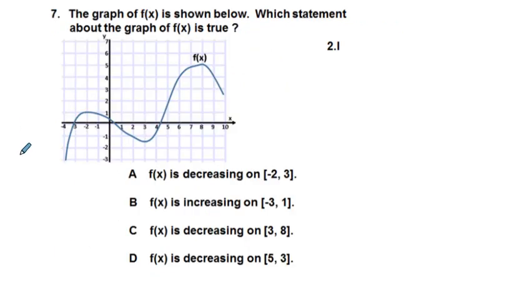Next, the graph of f of x is shown below. Which statement about the graph of f of x is true? A, f of x is decreasing on -2 to 3. So here at -2, and we say on means on the interval of.